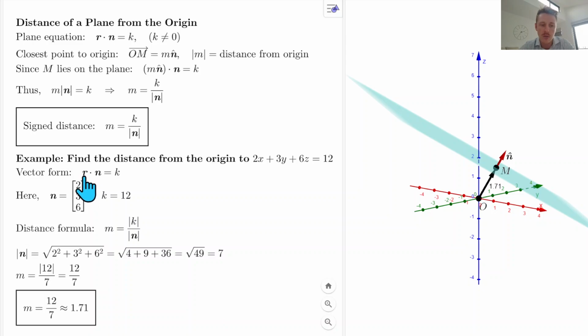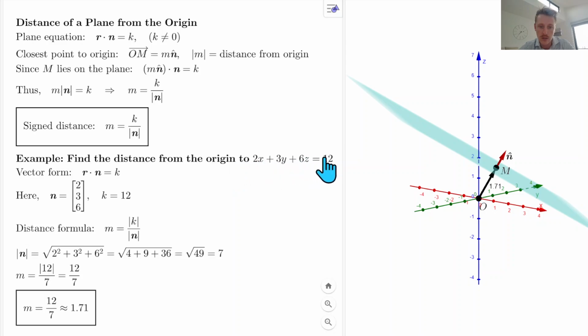The position vector r is just a placeholder, saying it has coordinates x, y, and z. And then n is the vector perpendicular to the plane. So we've got 2, 3, and 6 as our coefficients, and k is 12.